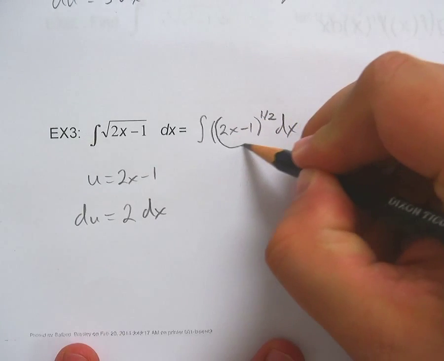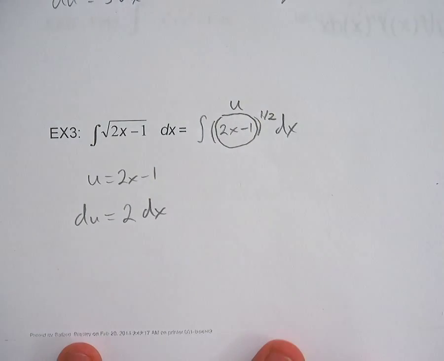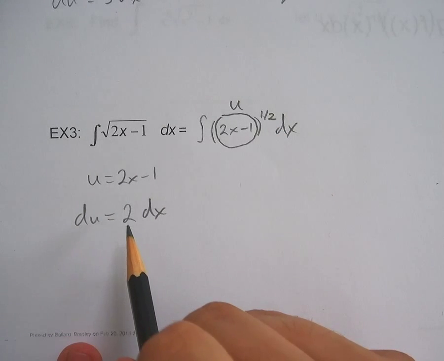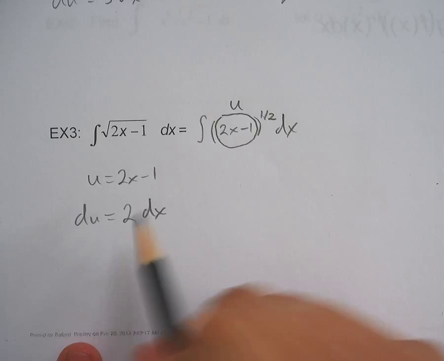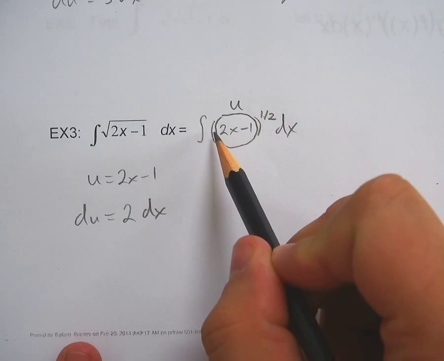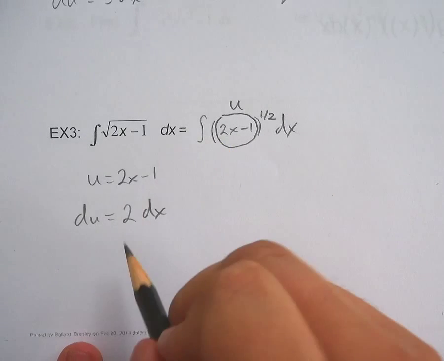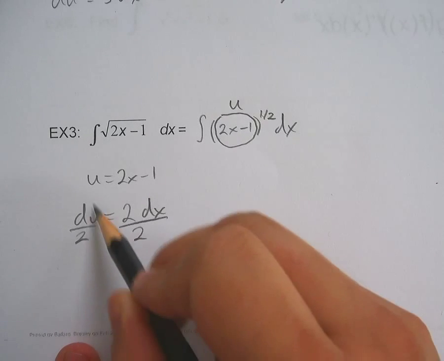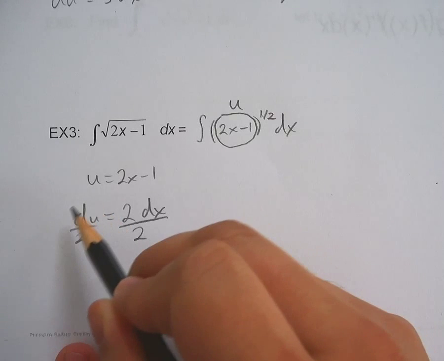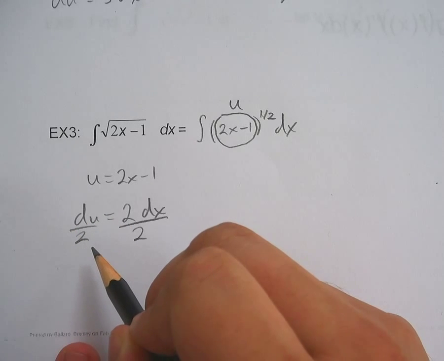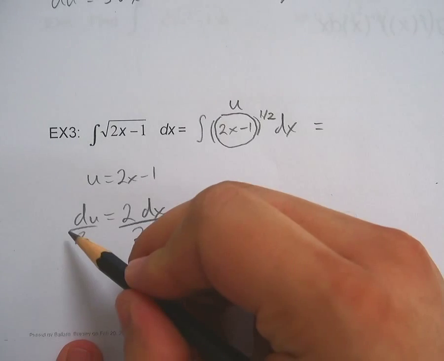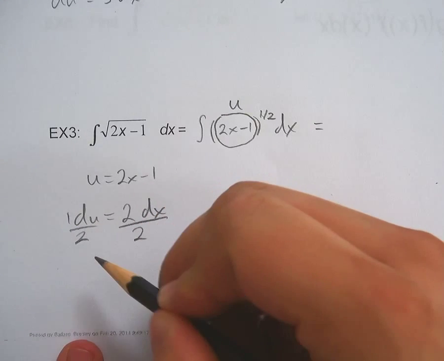I've got u right here. I've got my power, so it's u to the 1/2, but I'm missing this 2, right? I'm missing the 2 in du. So what I'm going to have to do here is divide out the 2, and plug this into my equation. Let me show you what this is going to end up as. This is 1/2 du.